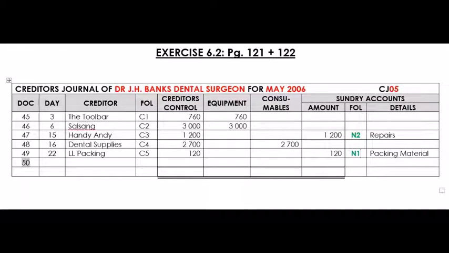So we will renumber the invoice to 50. The date is the 28th. Wembley's is the creditor. The folio is creditor number 6. 8,000 Rand to creditors control, and then there's no furniture and fittings column, so it goes to sundry accounts. And furniture and fittings is balance sheet account number 2, if you look on the next page.